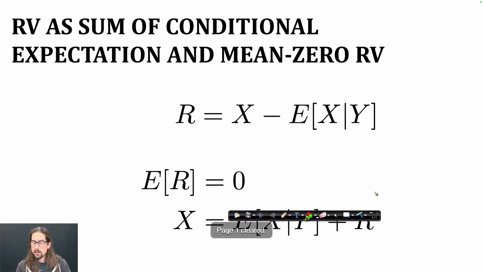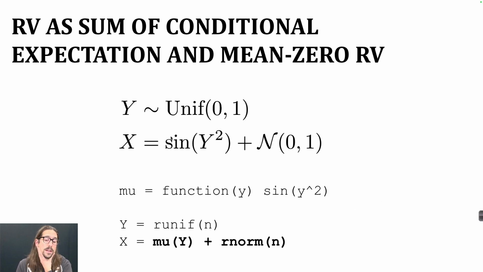It's a nice way of thinking about things often, because you can, for example, write your simulations like this. If you have a variable y, here it's a uniform, and then I can write x, and I want x to have a particular relationship with y on average.